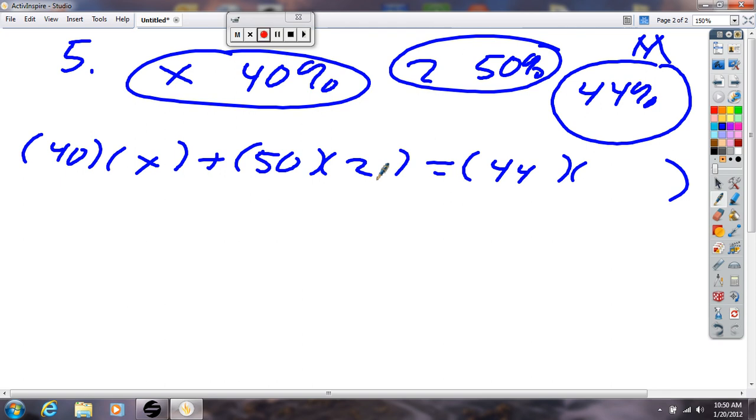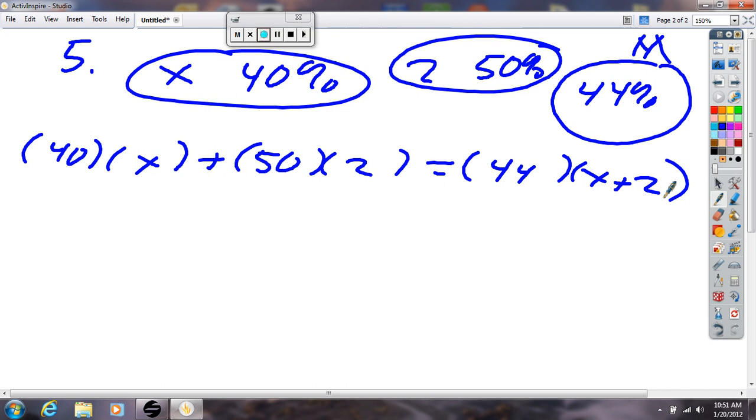So now what do I do to get this one? Anytime I'm looking for that one, I can always add this one and this one together, right? So I get X plus 2. I'm looking for the total. I don't have it. But I know one of these is 2 and the other one is X. I add them together, I get the total. And there's my problem set up.